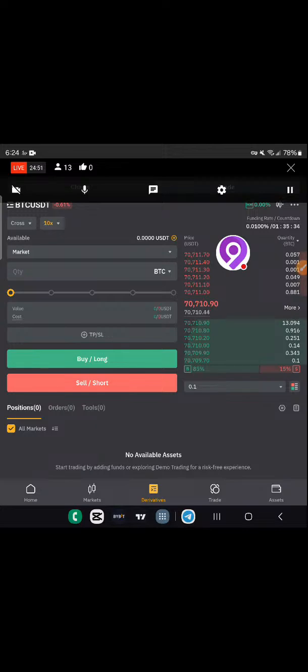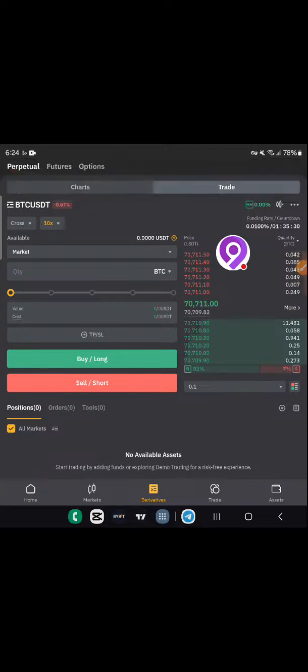Currently as it is, we are on 10x. Now, how does leverage really work? When you leverage, that simply means you're borrowing money from your exchange to open positions. Okay? So you could either open long positions or short positions. That's just the way it works.